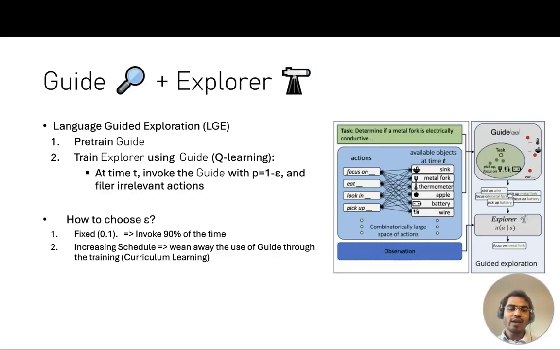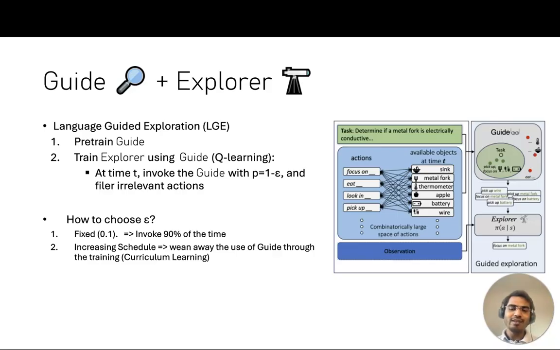So how do we choose this value of epsilon during training? One way could be to have a fixed epsilon where the guide is invoked 90% of the time. The other is to have an increasing schedule of epsilon. That is, during the training of the explorer, the use of the guide is slowly weaned away.